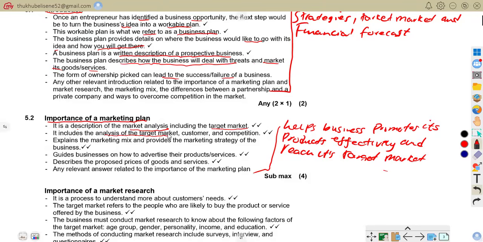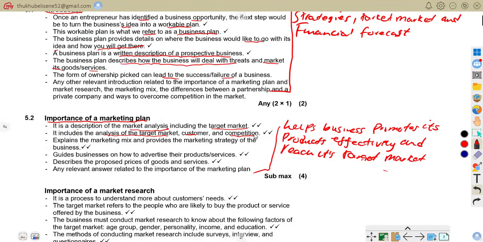We try to find out all about the target market that you're going to serve: their buying power, the purchasing power of the market, their needs, and stuff like that. So customers as well as the competition.